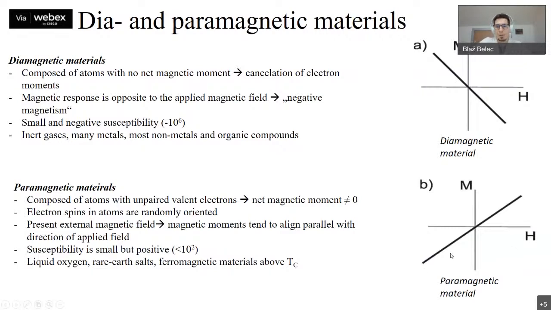So with positive susceptibility, the response is in the same direction as the field is pointing. Such properties are expressed by liquid oxygen, rare earth salts, ferromagnetic materials above the Curie temperature, and so on.